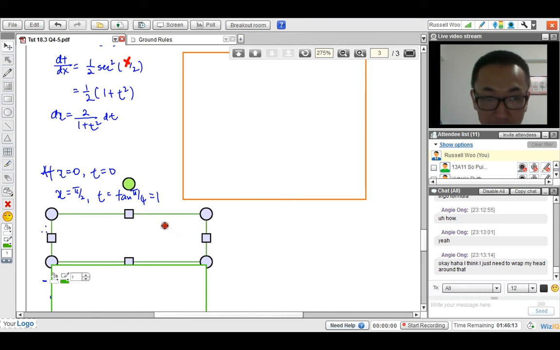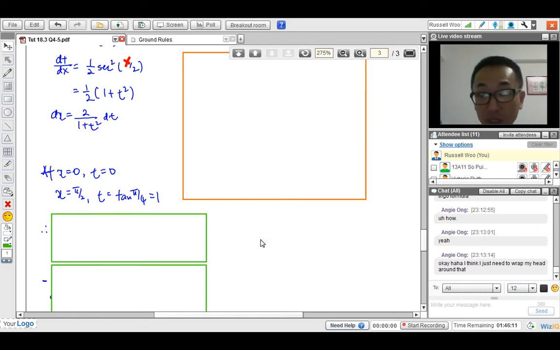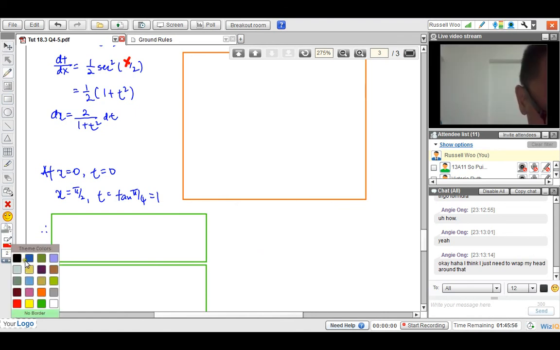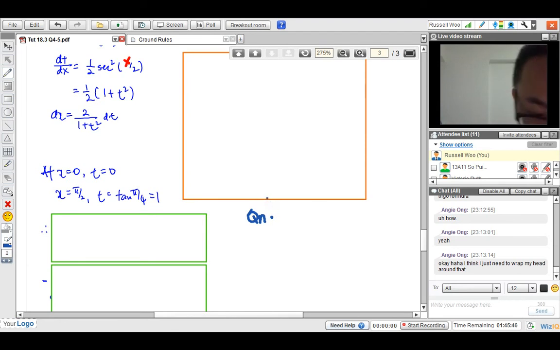So now let's take a look at what we want to integrate. Maybe it's my fault, I didn't write this down. Let me write this down properly now. The question is this. Sorry, the writing here is not perfect, but I try.